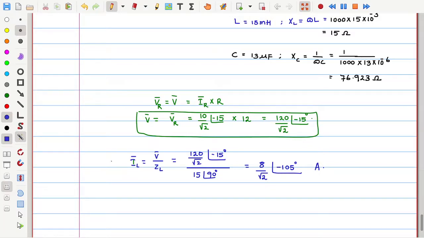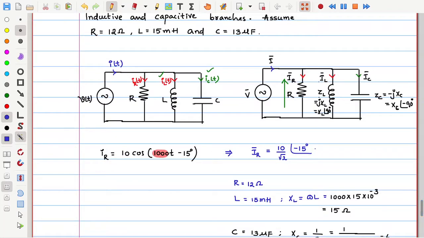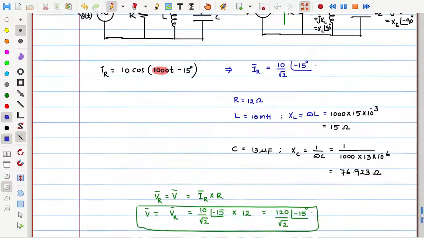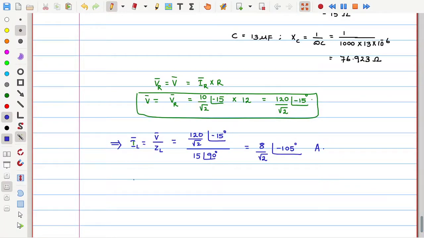So this is the inductive branch current. For example, if I need its corresponding time domain equivalent current instead of phasor form, can I convert this IL phasor into IL of t? This is a very important thing. I am converting frequency domain to time domain as small case IL of t.